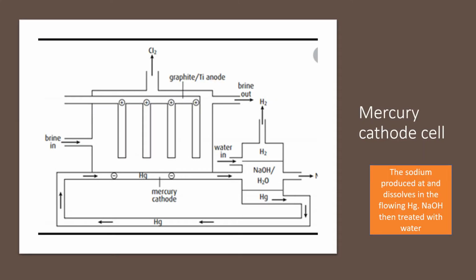In the mercury cathode cell, the material is brine, a concentrated NaCl solution, that goes into the cell. The cell uses graphite or carbon or titanium as the anode and mercury as the cathode.